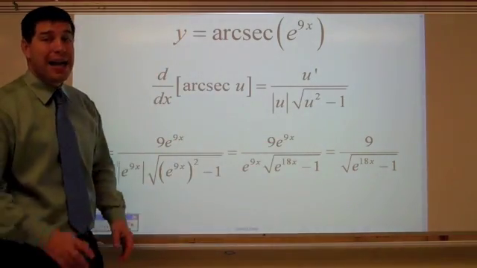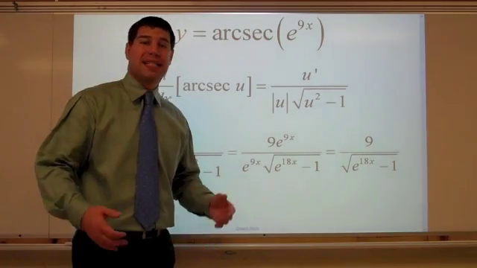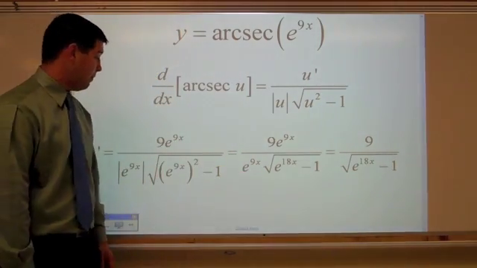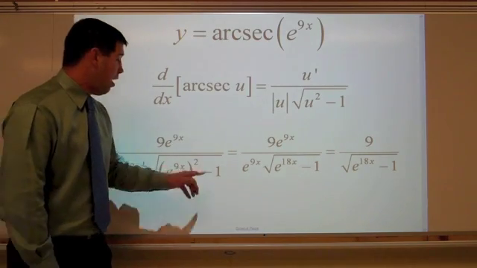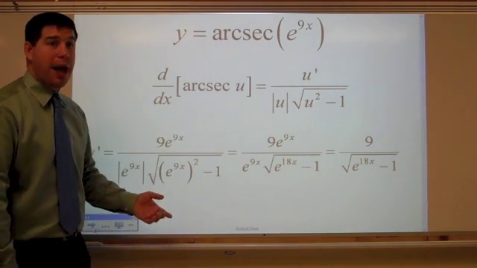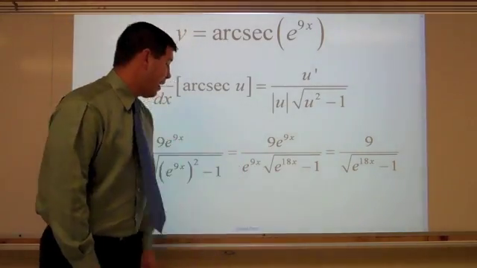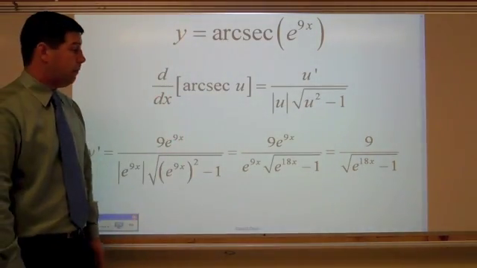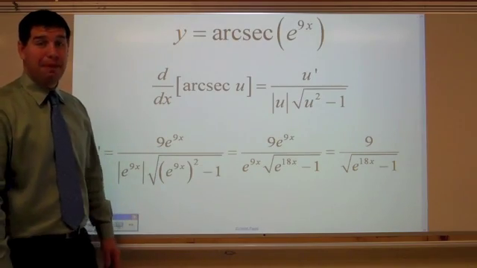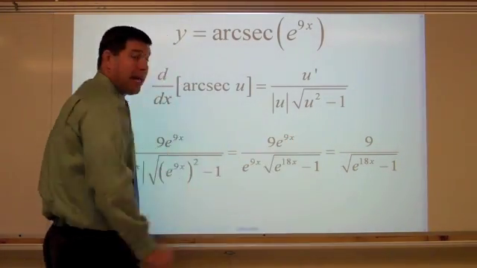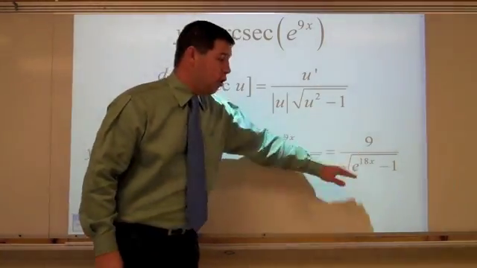Absolute value of e to the 9x, well, we don't need the absolute value because e to any power is going to stay positive, so I leave that as e to the 9x. Square root of e to the 9x quantity squared, power to a power, you multiply the exponents, e to the 18x minus 1. And now you can simplify: this e to the 9x and this e to the 9x will cancel, and you're left with 9 over the radical.